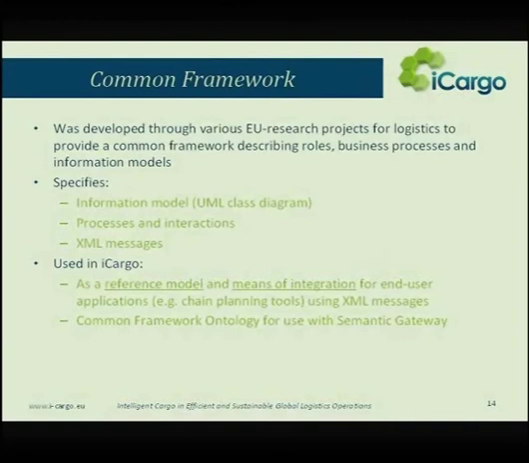And that's also something new in iCargo. We've built an ontology for this common framework. So now, for the first time, we not only have an information model on paper, but we also have an information model that is computer interpretable and that can be used by, for example, the semantic gateway to interpret messages coming in.